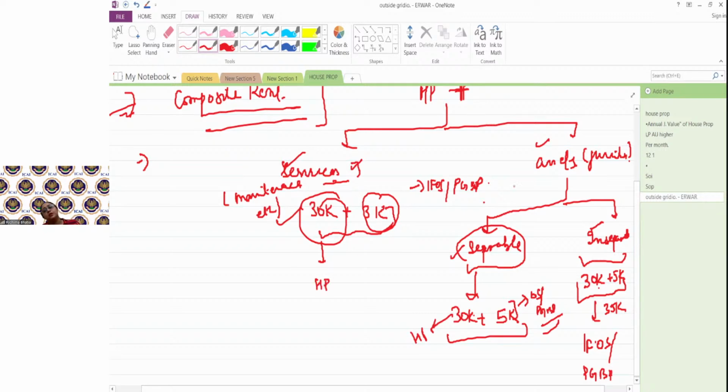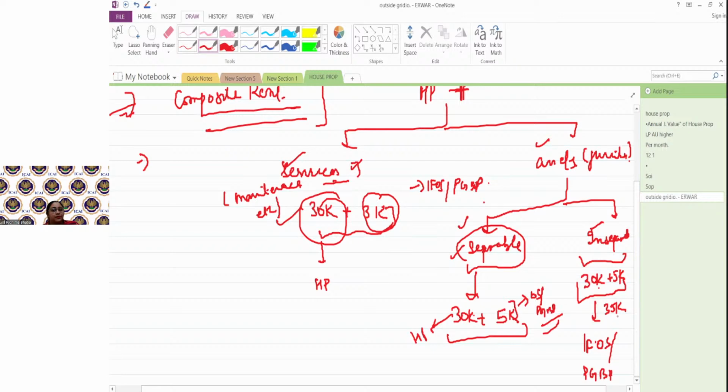But when the rent includes elements of assets, and assets are in the nature of inseparable, as in the landlord would not give the house without giving the assets along with it, then it is inseparable. If the landlord is okay that it is your choice whether you want to use the assets or not, that is separable. Even if the amounts are separate, even if the agreements are separate, it does not make any difference.